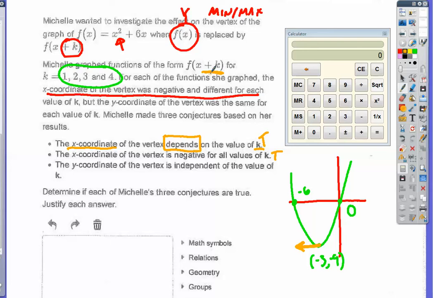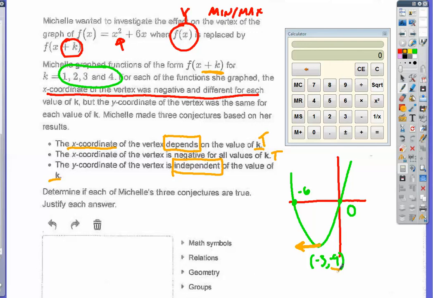And then finally, the y value of the vertex is independent of the value of k. That means when k changes, the y value, since it is independent of k, does not change. So if you slide this parabola this way, this vertex is always remaining at -9.